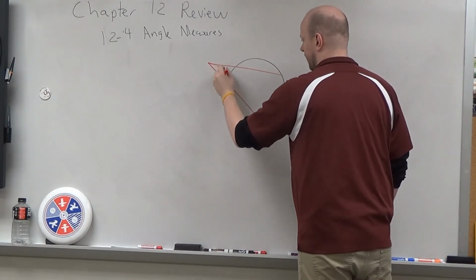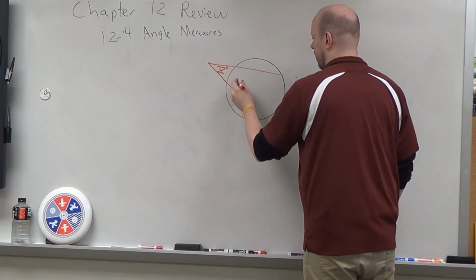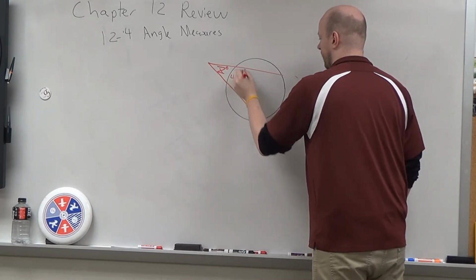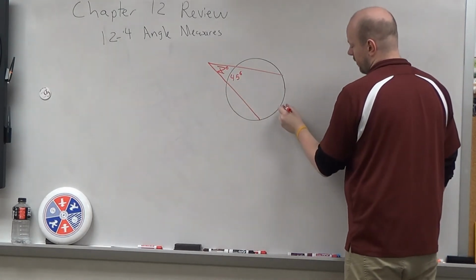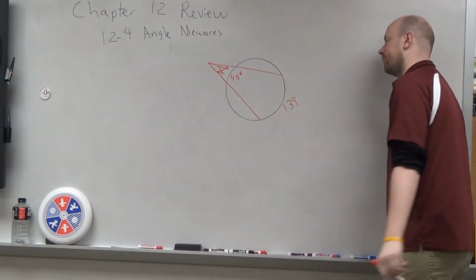So let's say we have something like this, z on the outside. We'll say that this is 45 degrees and this is 139. Okay.